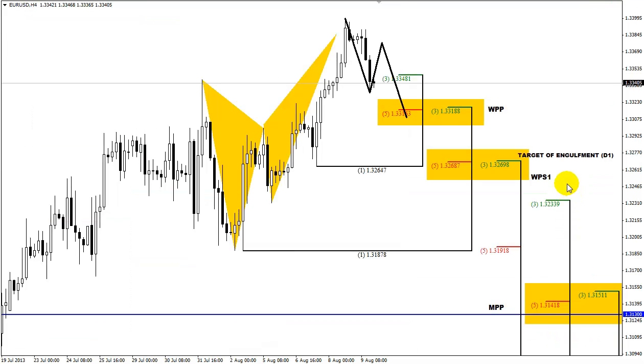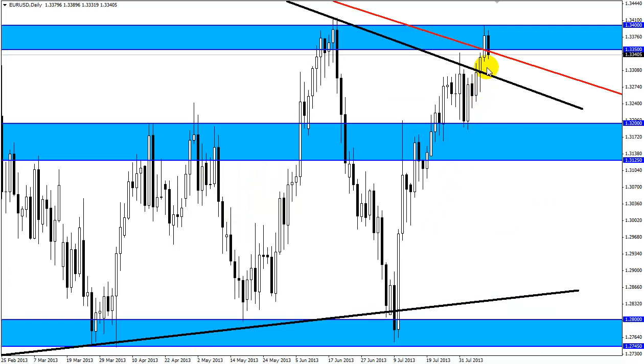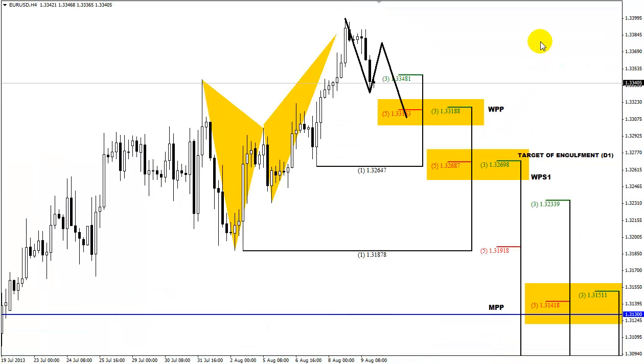Okay, and also this zone is the target of the bearish engulfment on the daily time frame. As we can see here, the market has formed a bearish engulfment, and the target is the length of the bars, and this target is exactly at this zone.